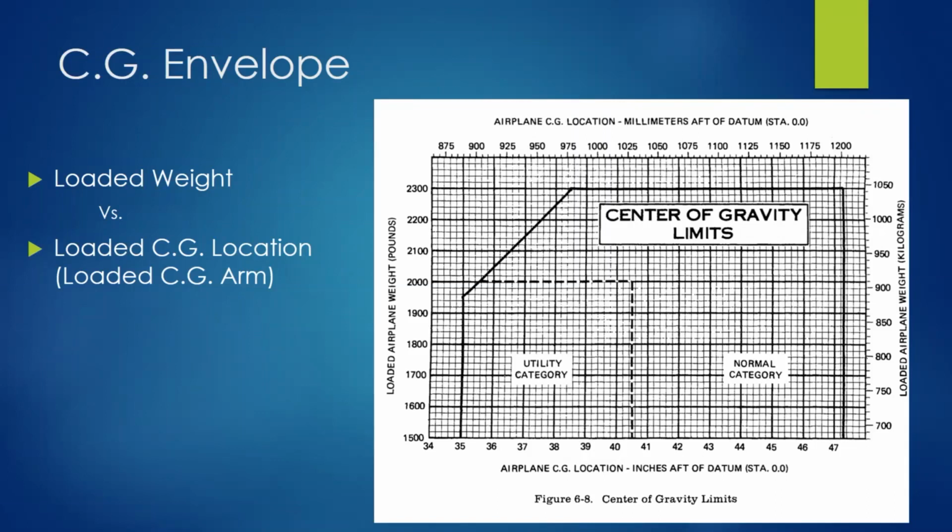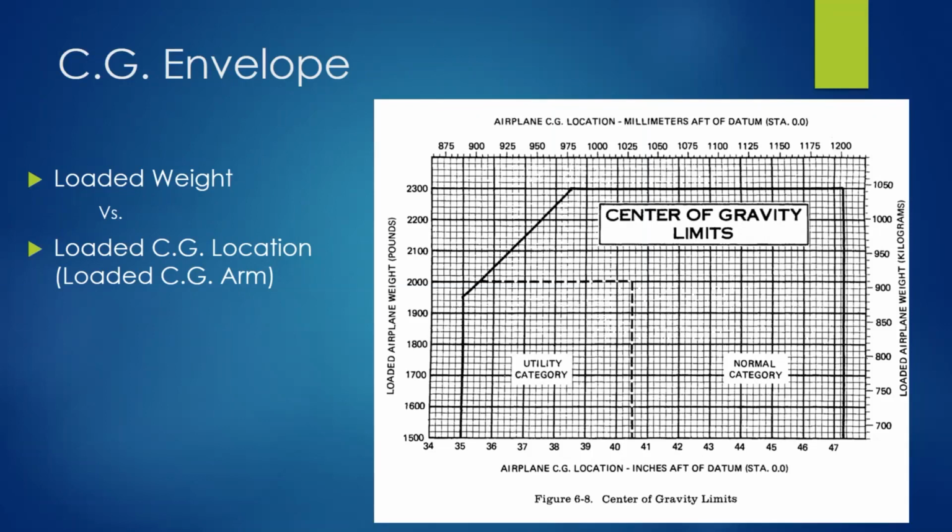Anyone know what utility category is? No. Utility category, you can see, is kind of smaller, so it's more restrictive. Utility category allows you to do minor aerobatics. You can do, what, stalls and spins in it? Yeah. So it allows you to do a little more performance flying, I guess.